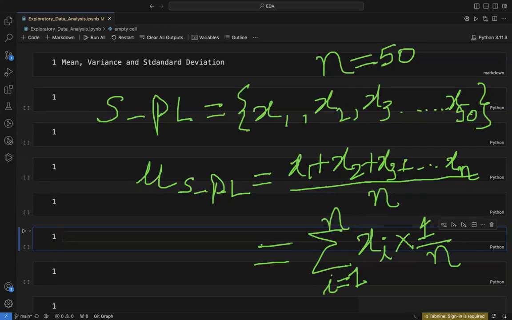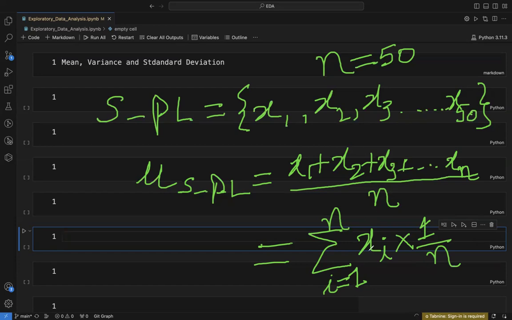So this is what mean means. Mean is basically your simple average, right? Now you might ask me, what is the use of mean? Why are we learning about the mean here?